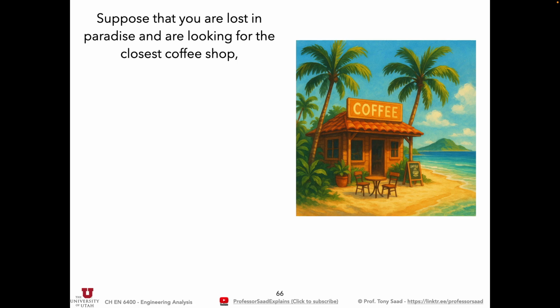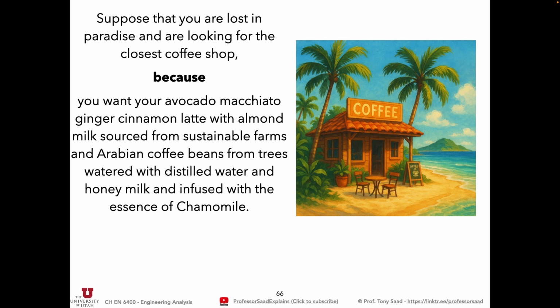There's nothing there, but somehow you're looking for a coffee shop because you want your avocado macchiato ginger cinnamon latte with almond milk sourced from sustainable farms and Arabian coffee beans from trees watered with distilled water and honey milk infused with the essence of chamomile. Now the chamomile has to be also grown with distilled water from fresh rivers. So you know what I'm talking about.